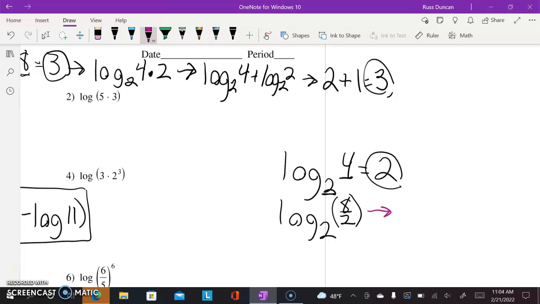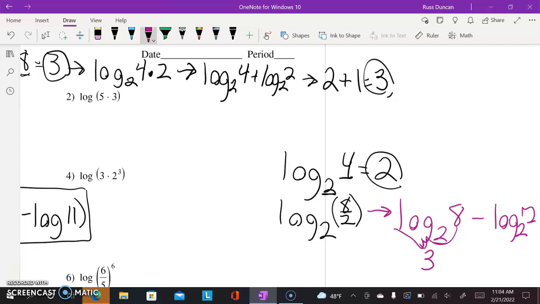Well, that's not actually true. There can be times where this is helpful to solve something. Well, now if I use the new rule I just taught you of division, log base 2 of 8 minus log base 2 of 2. Well, we know that 2 we need to raise to the third power to get 8. So log base 2 of 8 is 3.